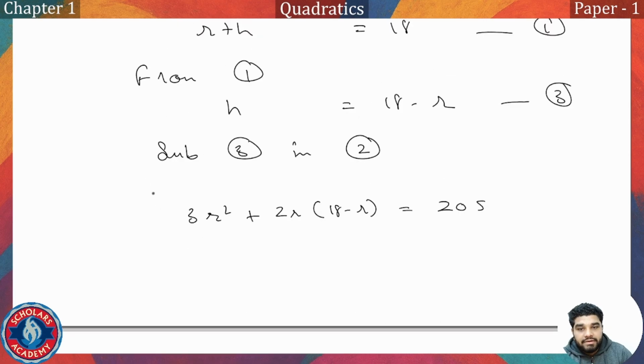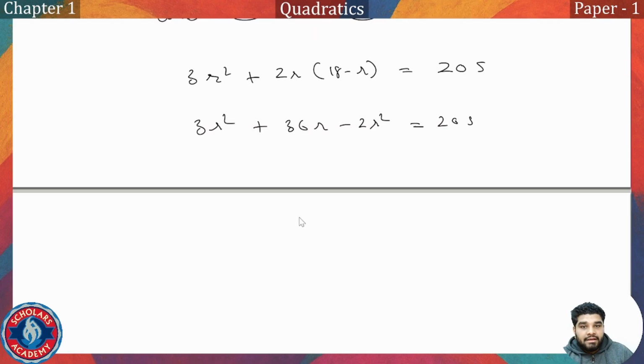So from here what I will get is 3r square plus 36r minus 2r square is equal to 205. 3r square minus 2r square is r square, plus 36r minus 205 is equal to 0, right?